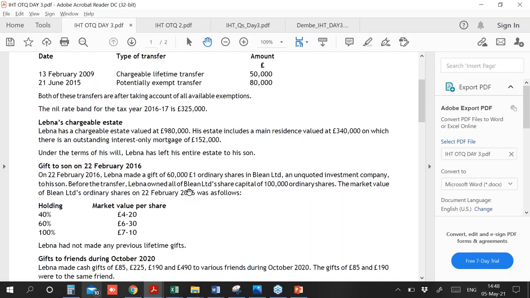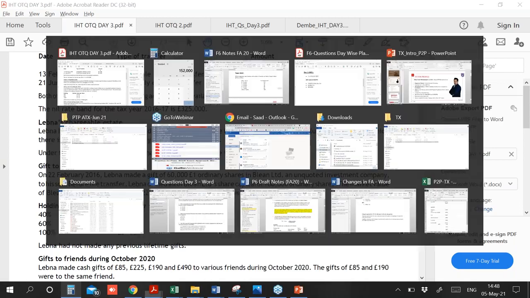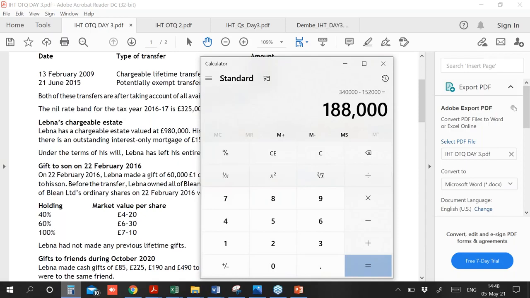Therefore, the RNRB will be the amount equivalent to the amount of the property that is chargeable. So the amount of property that is chargeable is 340,000. On that, there is 152,000 of mortgage. So the answer is 188,000.